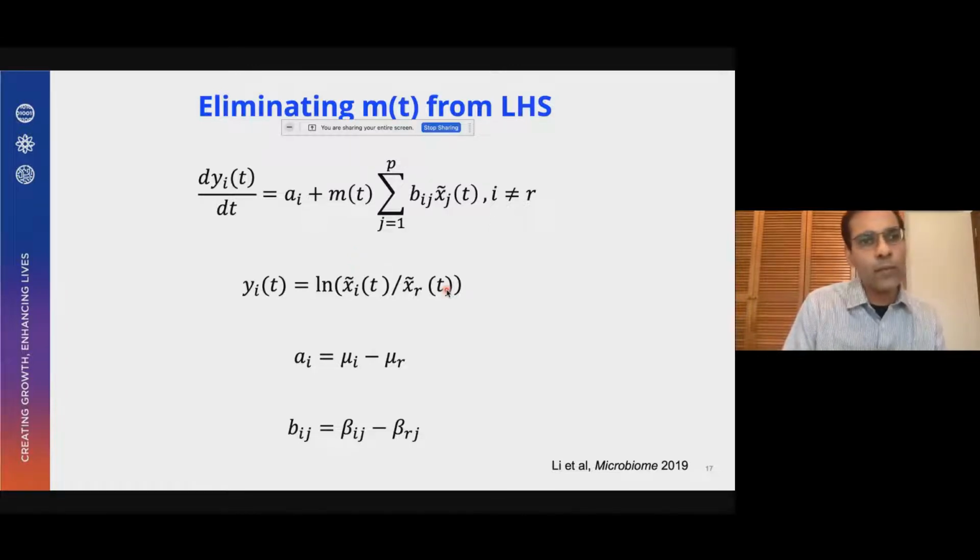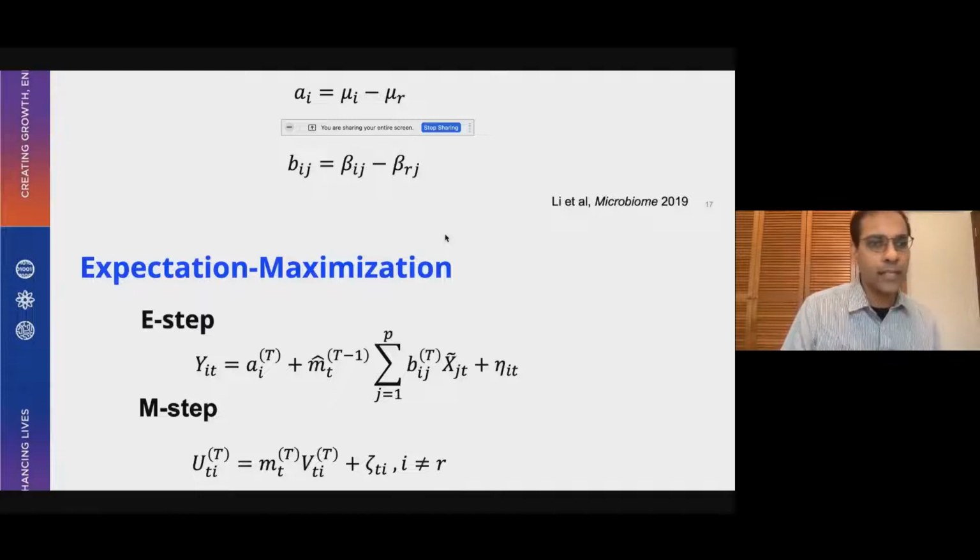Okay, now what do you do when you have a set of parameters a_i and b_ij, and you have another unknown that you need to estimate? Well, those of you who have taken bioinformatics algorithms courses might have heard of expectation maximization.